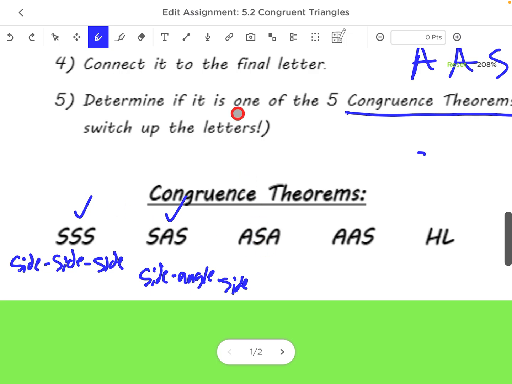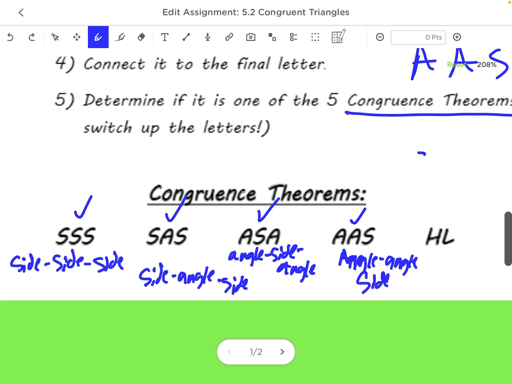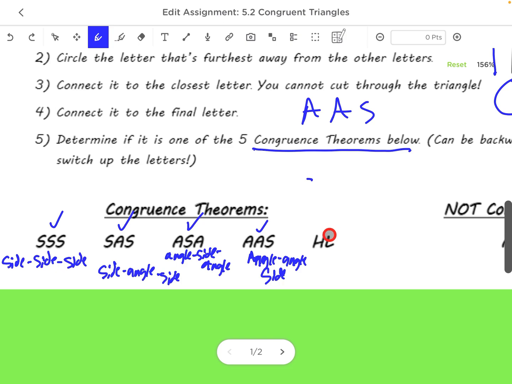If it's angle, side, angle, it's congruent. If it's angle, angle, side, then it is congruent. And then this last one has different letters. This is a little trickier: it stands for hypotenuse leg, HL.